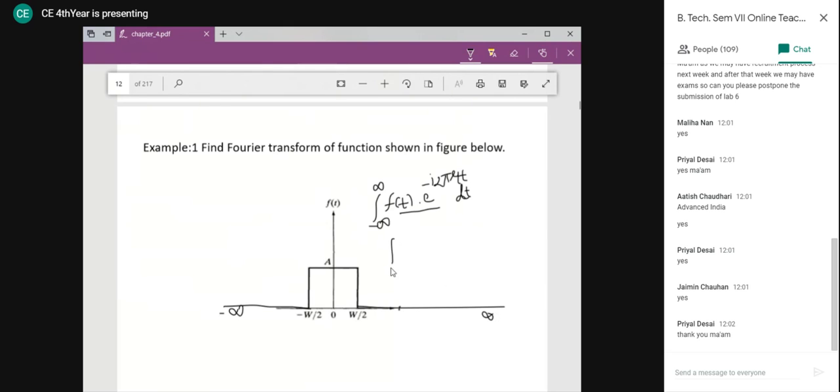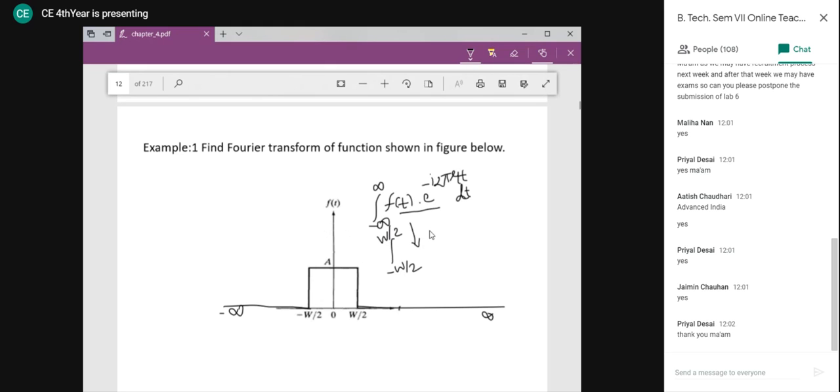So this integral must reduce to minus w by 2 to plus w by 2, because for other values the integral is going to be 0 anyway. So the integral is now only from minus w by 2 to w by 2, where f of t exists.